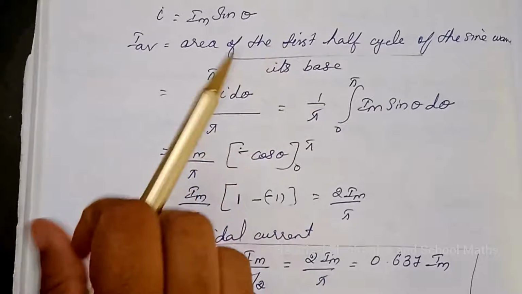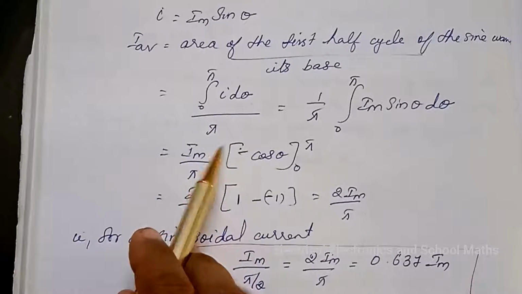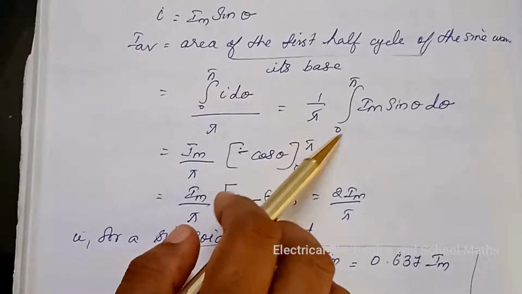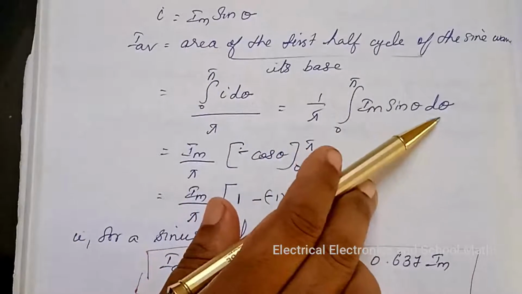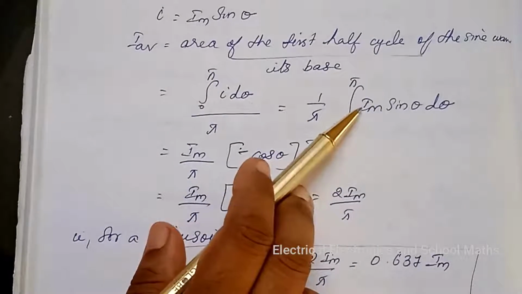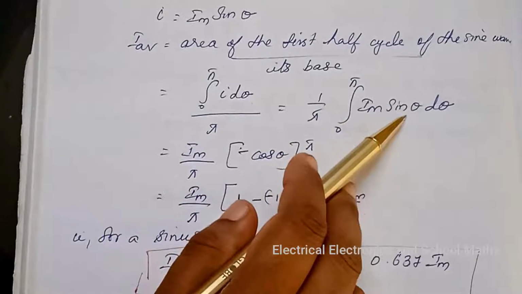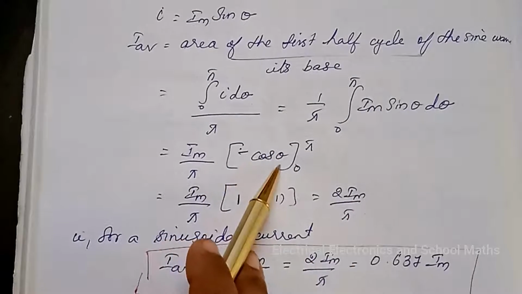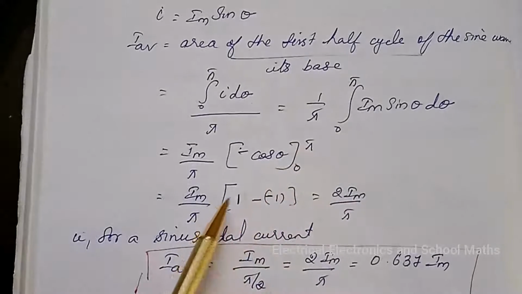That is integral 0 to pi of i d theta divided by pi, equal to 1 by pi integral 0 to pi of Im sin theta d theta. Take Im outside, Im by pi. Integral of sin theta is minus cos theta within the limit 0 to pi.